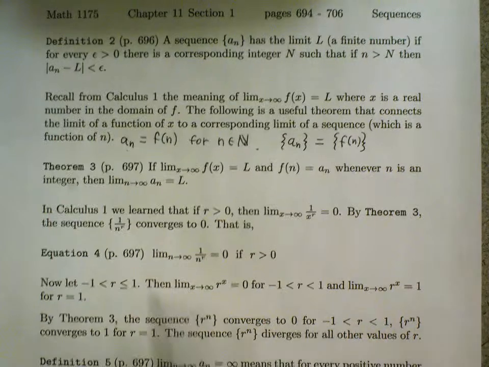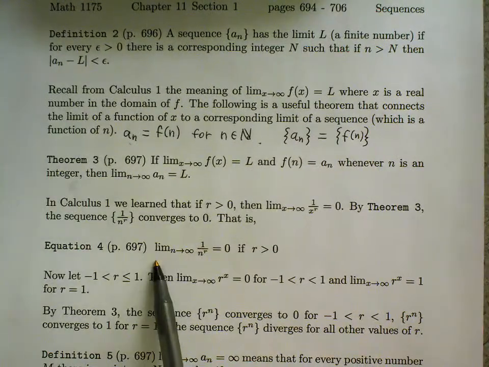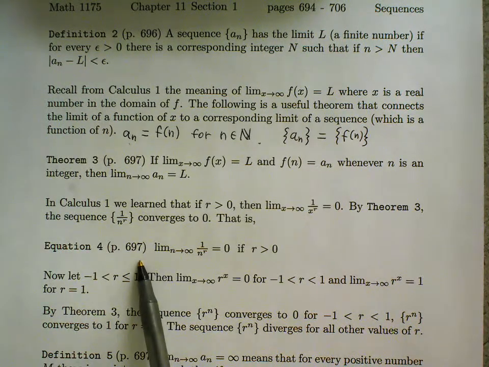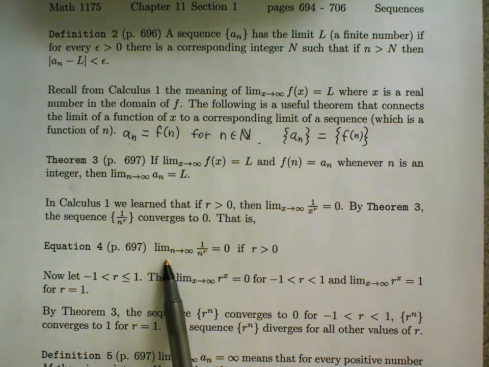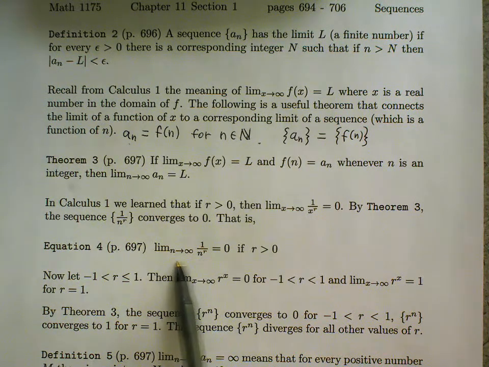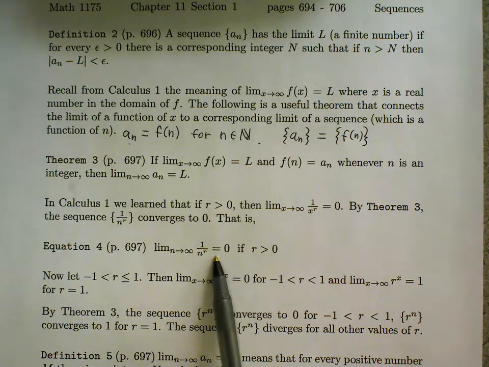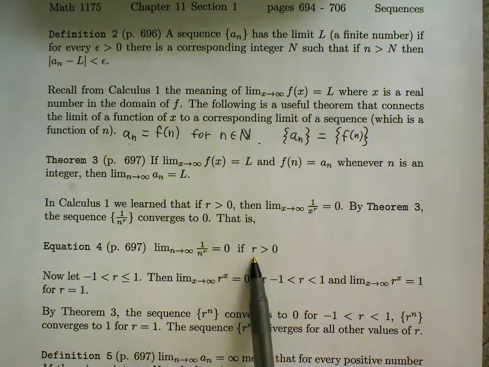Okay, so that is what equation 4 on page 697 says. The limit of 1 over n to the r as n approaches infinity is equal to 0 if r is greater than 0.